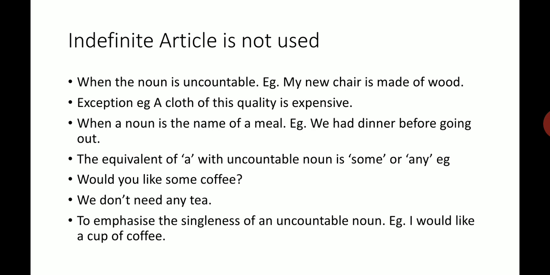For example, there's going to be a dinner for the old boys of the school. Now, there is no plural of the indefinite article, but some or any is the usual equivalent of the plural. For example, would you like some coffee? We don't need any tea.